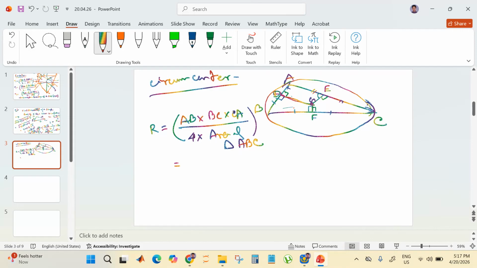That means if you have the sides ABC, then you can easily find the excenter, incenter, and circumcenter. So you have to know the area or the sides of a triangle. That will give you the answer.